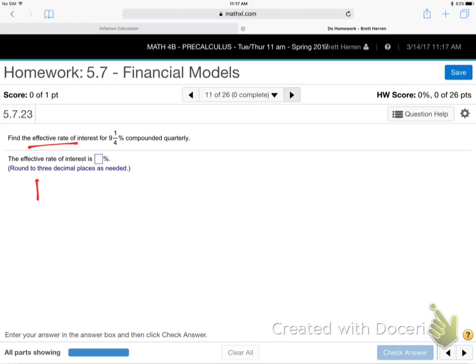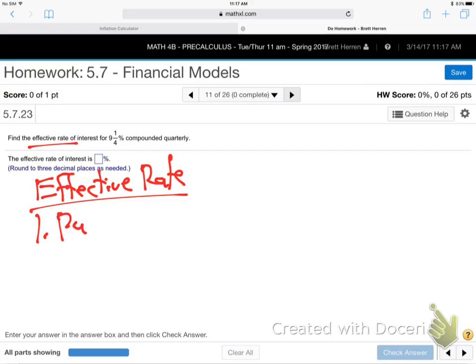So for effective rate, I'm going to give you a different method than the Math Excel here, because I think my method's a little easier. Just put in $1 for 1 year. To find the effective rate, whatever kind of situation they're listing, to find the real effect, just put in $1 for 1 year.